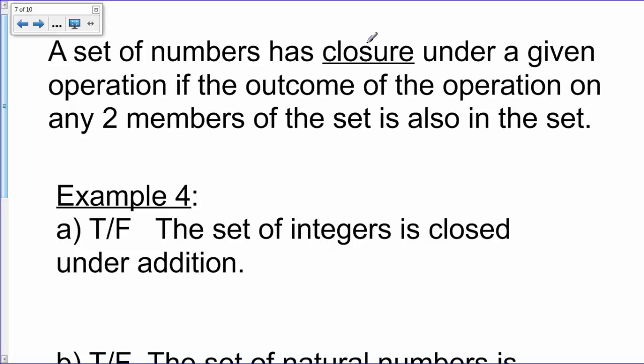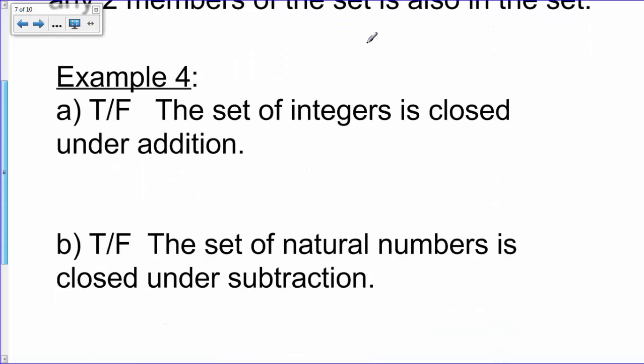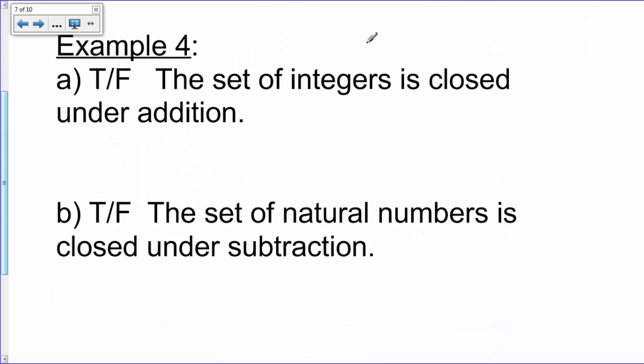So, for example, true or false, the set of integers is closed under addition. If I take any two integers and I add them, am I always going to get an integer? So let's think about that. My integers are all the numbers that I would show on a number line.